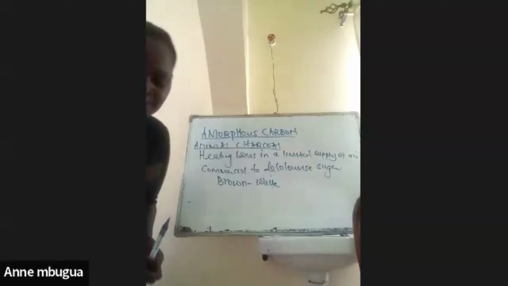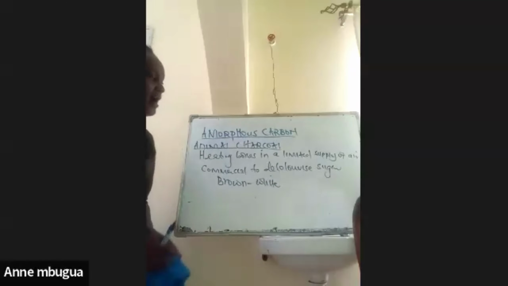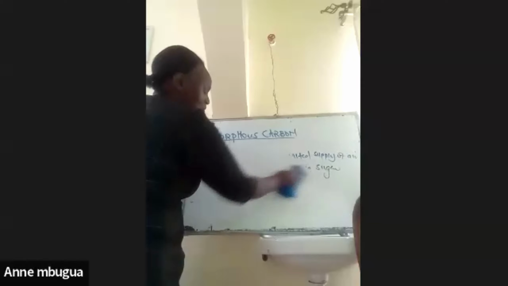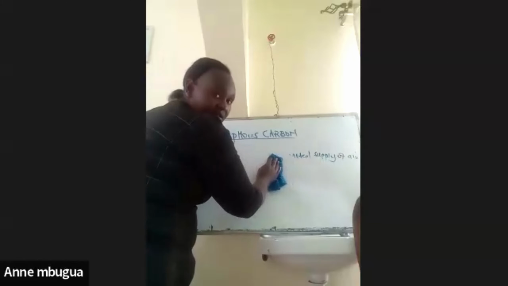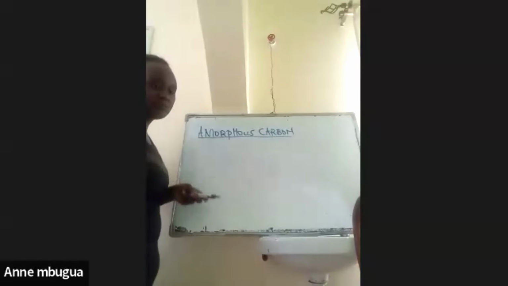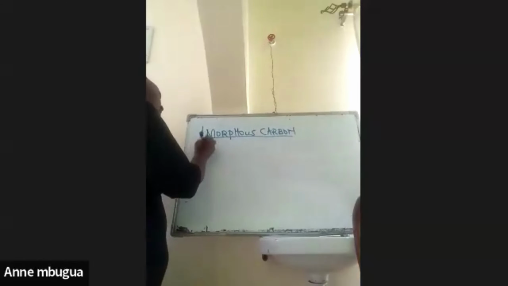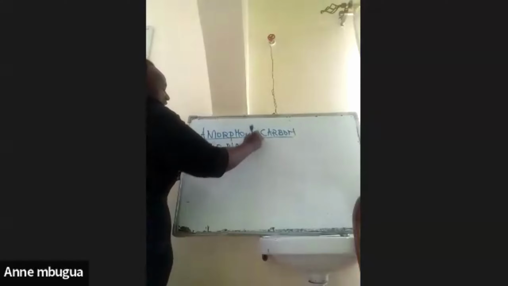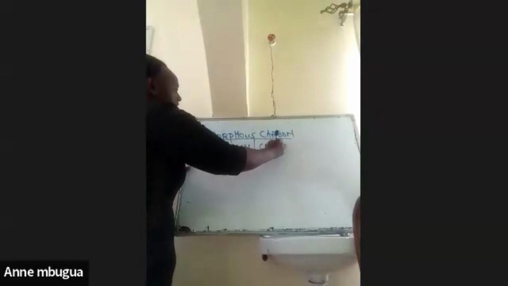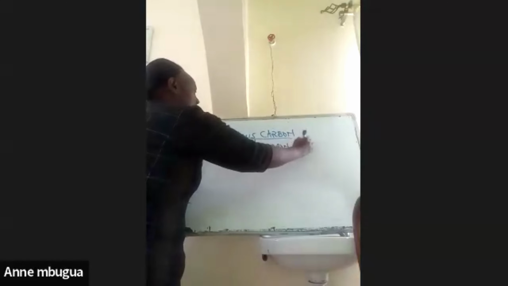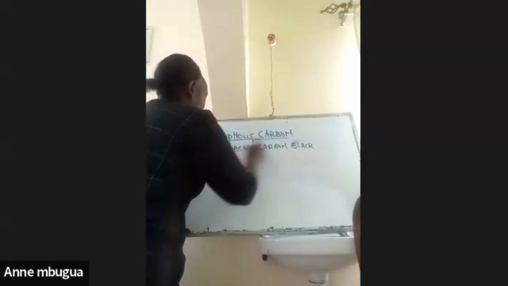The other example of amorphous carbon that I mentioned was the lamp black or the carbon black.